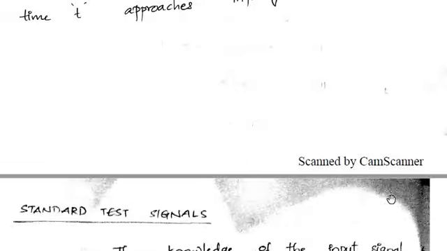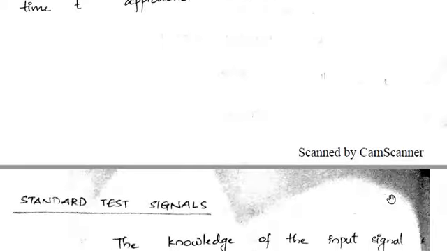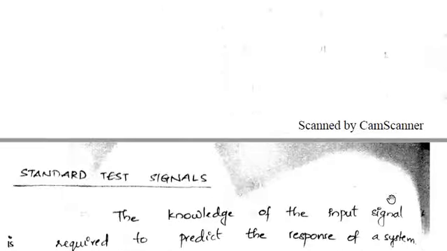It might be random in nature, so such inputs might have the characteristics of some basic signals like step signal or impulse or sinusoidal signal or ramp or parabolic, etc. So such basic signals are known as the standard test signals. So we need those signals to predict the response of a system. Okay.